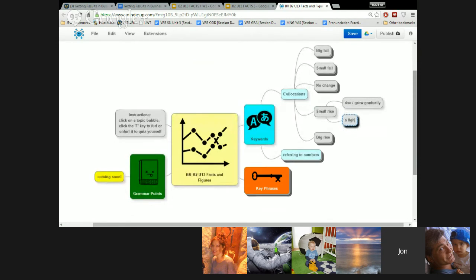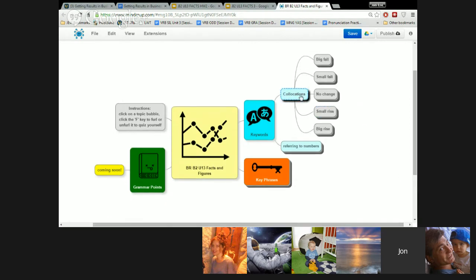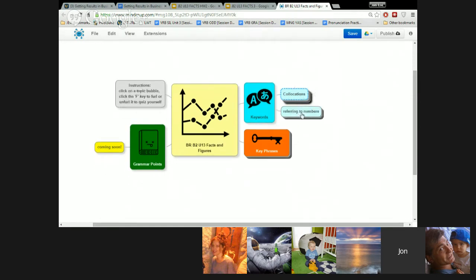Let's say, how about a slight gain? Well, that should say slight, not light, sorry. Slight gain. I'll add it. It's not in the material that we listened to or read, but that's okay. I'll add it anyway, it's a good word.